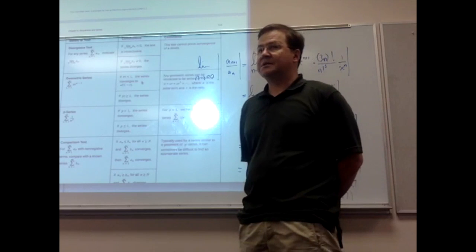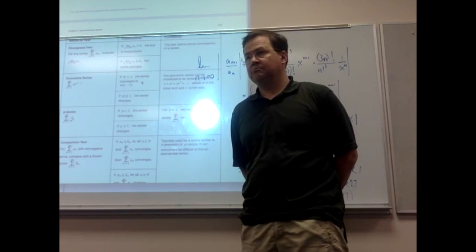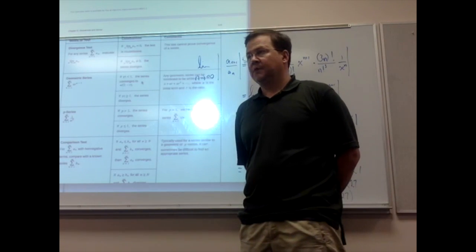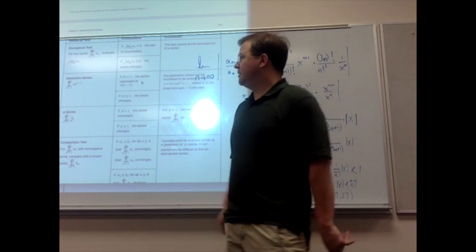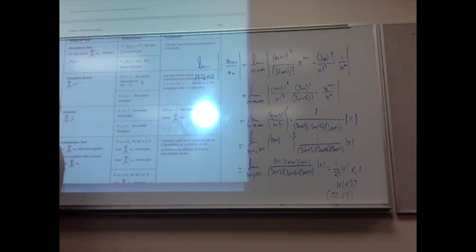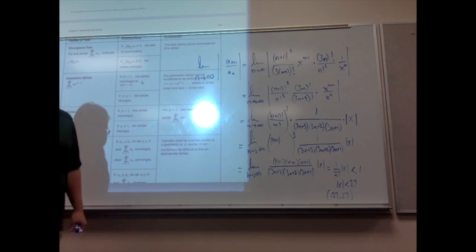If I can show that it's decreasing, and notice that all these terms are positive, so if I can show that there's a point beyond which this is decreasing, that would prove that the limit exists. That just proves the limit exists. I still don't know whether it's 0 or not.